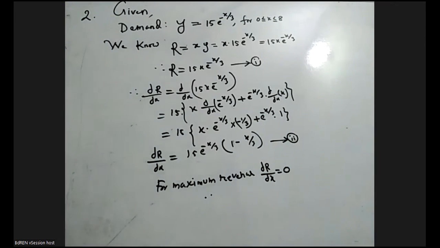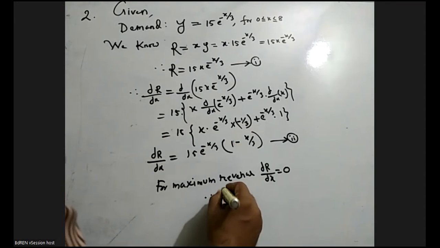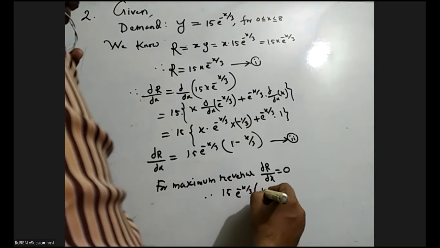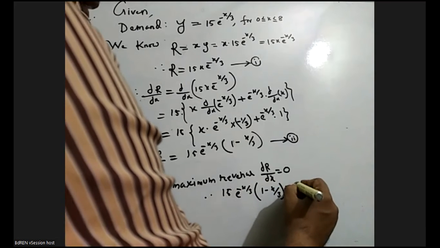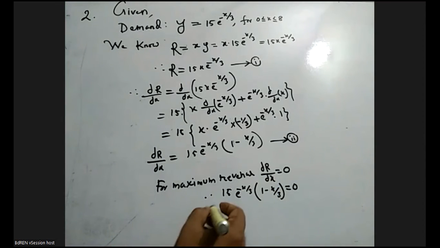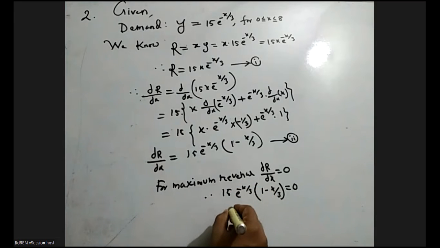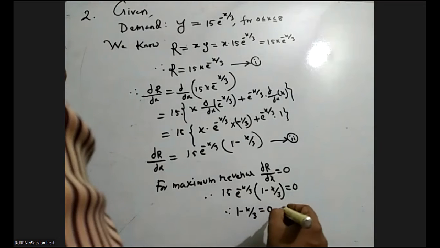Therefore, we know d/dx of R will be this. So 15 into e to the power minus x by 3, into 1 minus x by 3, will be 0. Since 15 is not equal to 0 and e to the power minus x by 3 is also not equal to 0 for every x, therefore we get 1 minus x by 3 equals 0.